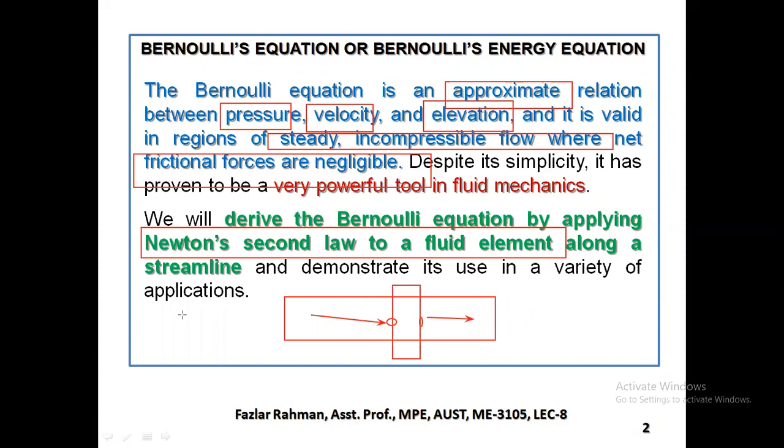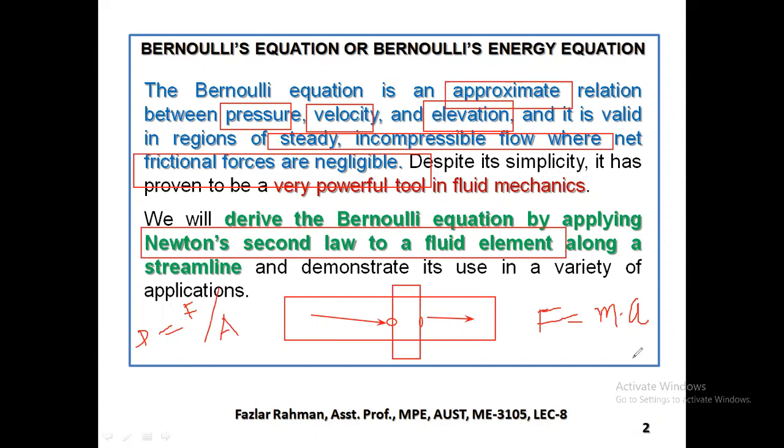So in Newton's second law, we know that F equal to M into A, right? So F is force, but we are talking about pressure. From the pressure, we can figure out the force because pressure P equal to F by A, so F equal to P into A. So we'll get the force.